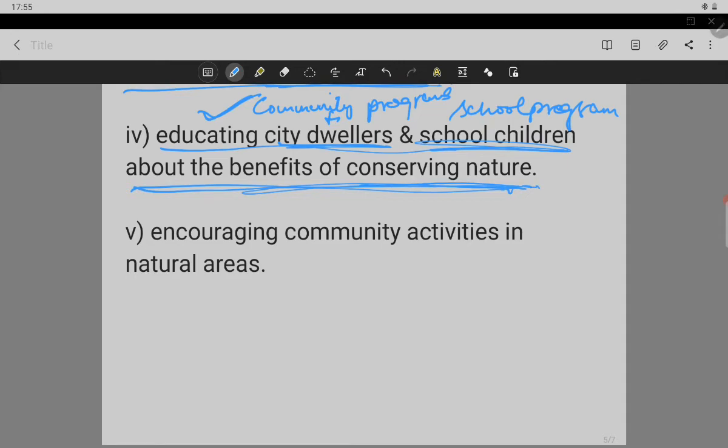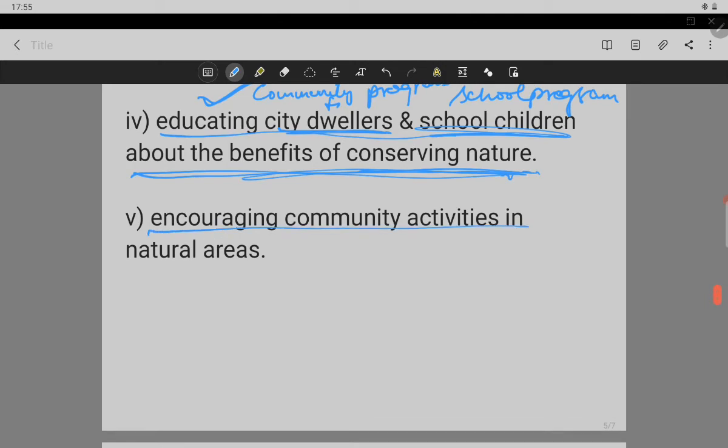The last point is encouraging community activities in natural areas. So if we have some sort of activities in natural areas, for example, a nature walk where some expert can tell people as they walk through a place about the different plants and the different animals which they can see.